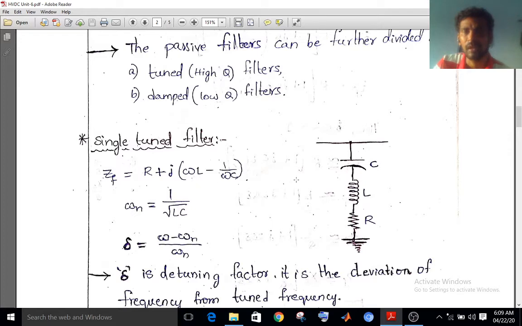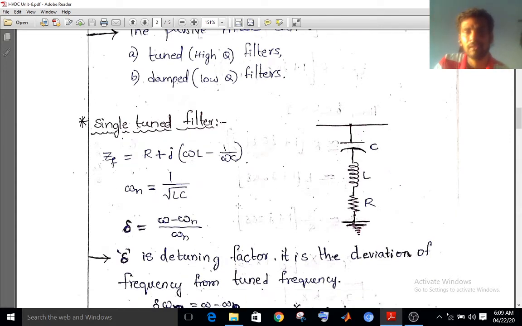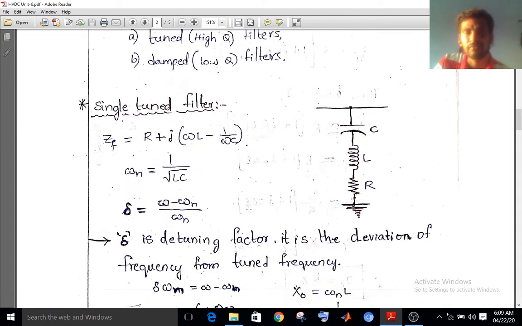So if I make this reactive part equal to 0, omega n L minus 1 by omega n C is equal to 0. So omega n square is equal to 1 by LC, then omega n will be 1 by root LC. This delta is the tuning factor.